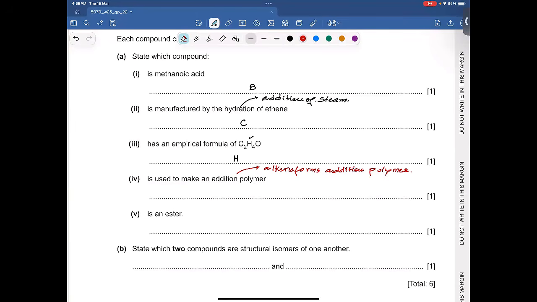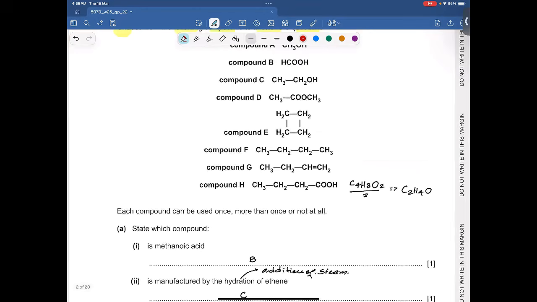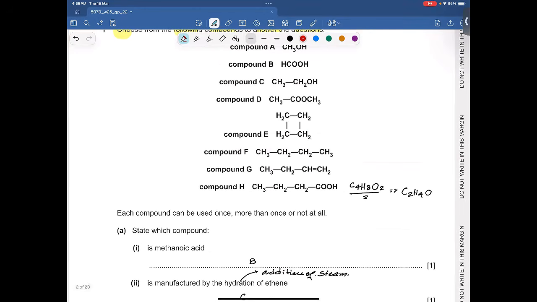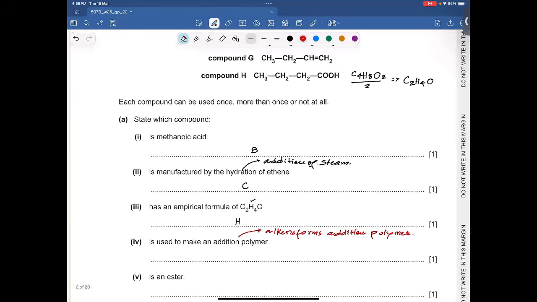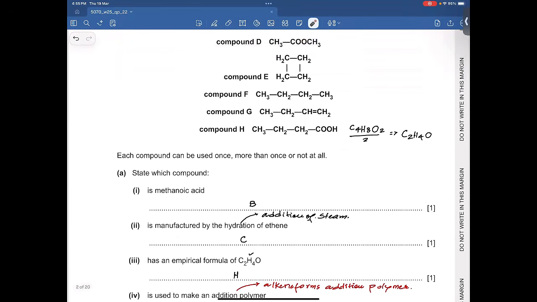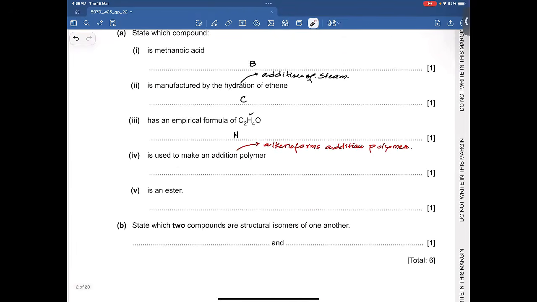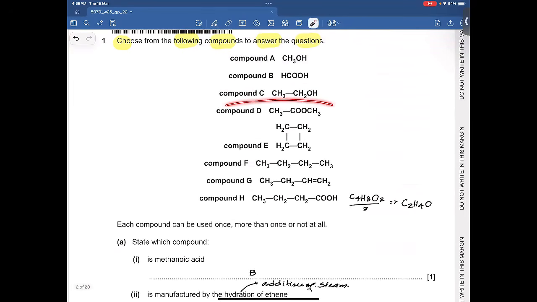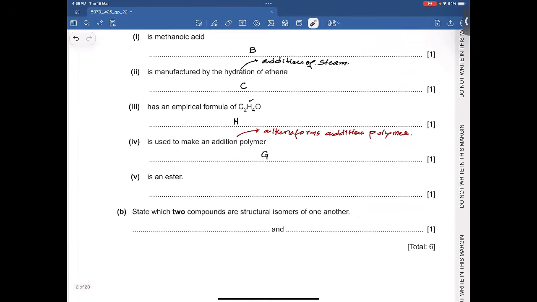So technically, compound G is used to make an addition polymer, because it is an alkene, it undergoes addition polymerization to give an addition polymer. So compound G is the right answer. Is an ester. So ester is basically this methyl ethanoate. Compound D.